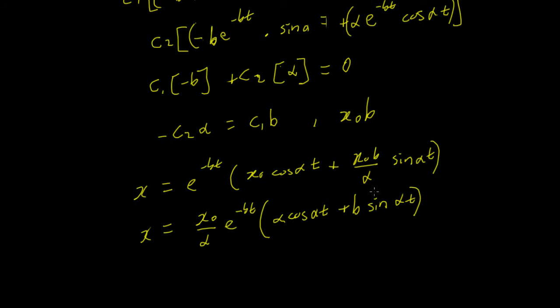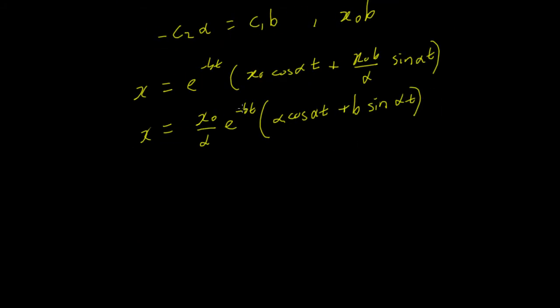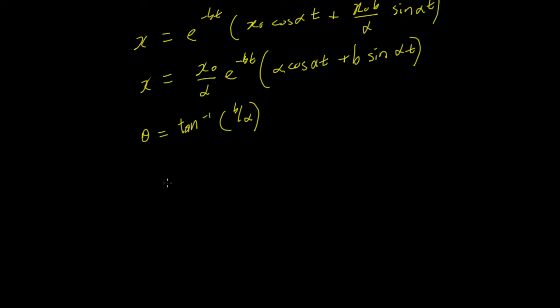Now a little bit of jiggery pokery here. If we say theta is equal to the inverse tan of b upon alpha, then we can write the above equation in a more useful form.